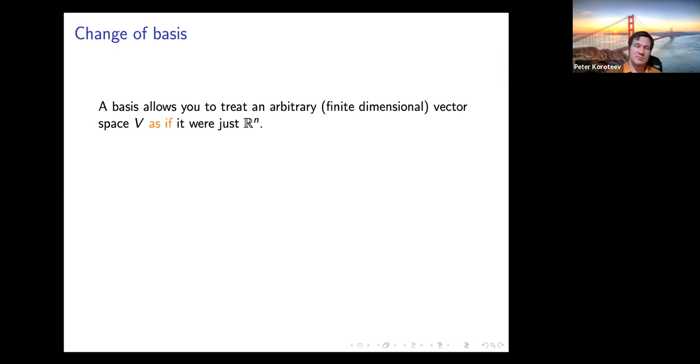That's the power of linear algebra: if you're only interested in the linear properties of those objects, since all vector spaces of the same dimension are isomorphic, these two maps that we talked about, the parameterization and the choice of coordinates, allow you to treat any vector space as if it was the n-dimensional Euclidean space.